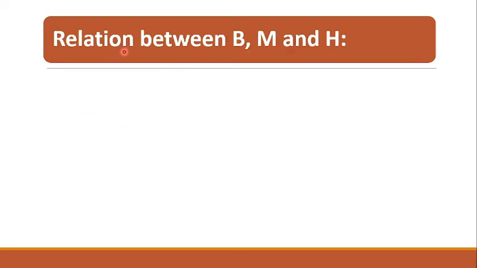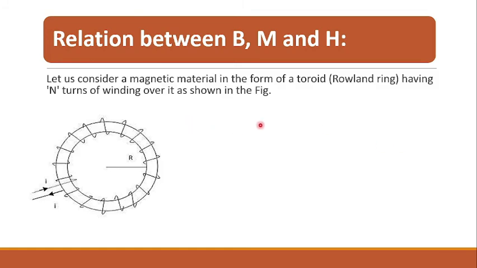Let us now derive the relation between B, M and H. Let us consider a magnetic material in the form of a toroid or Rowland ring having n number of windings over it as shown in figure. When a current I is passed through the windings, it gets magnetized along the circumferential length of the ring.